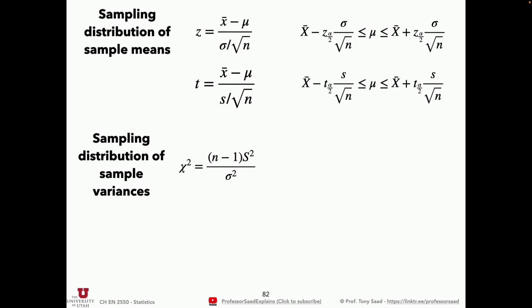There's no s squared minus sigma squared. Notice when we went to standard deviation and variances, there's no more of that error, x bar minus mu, which we defined as the error. Over here, we don't have that. We have a ratio of s to sigma instead of s minus sigma.